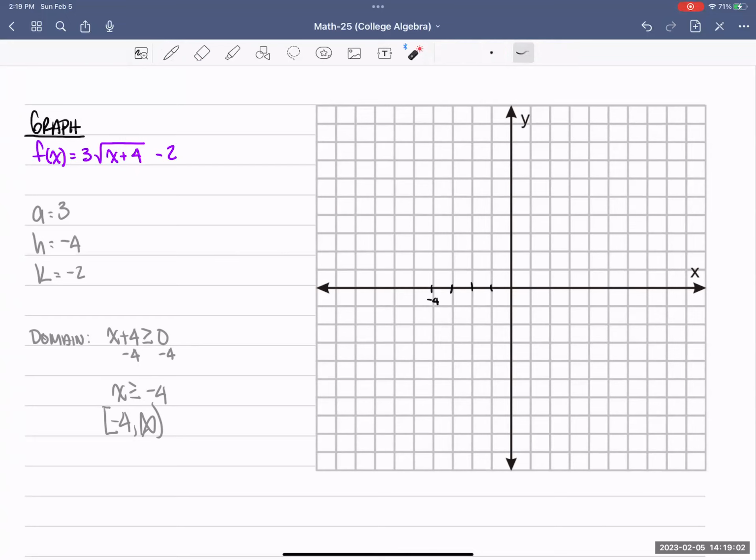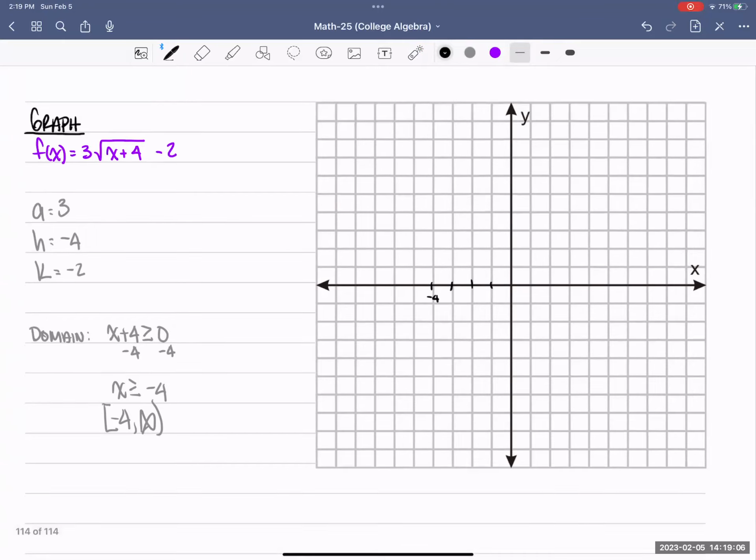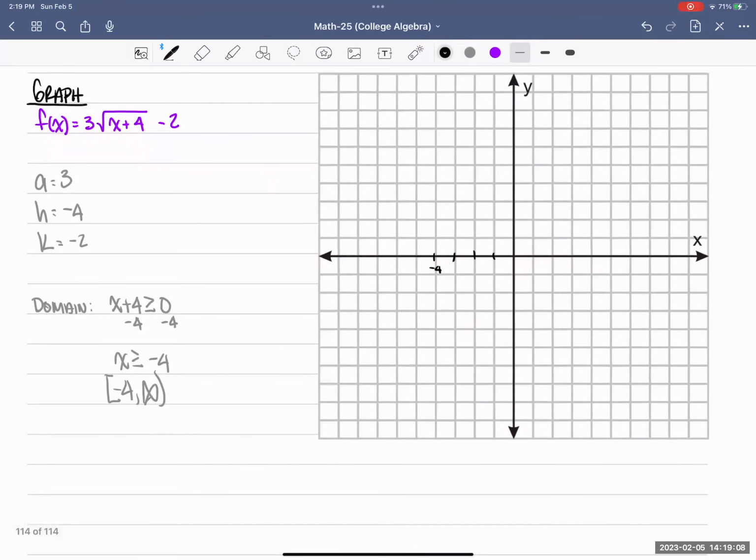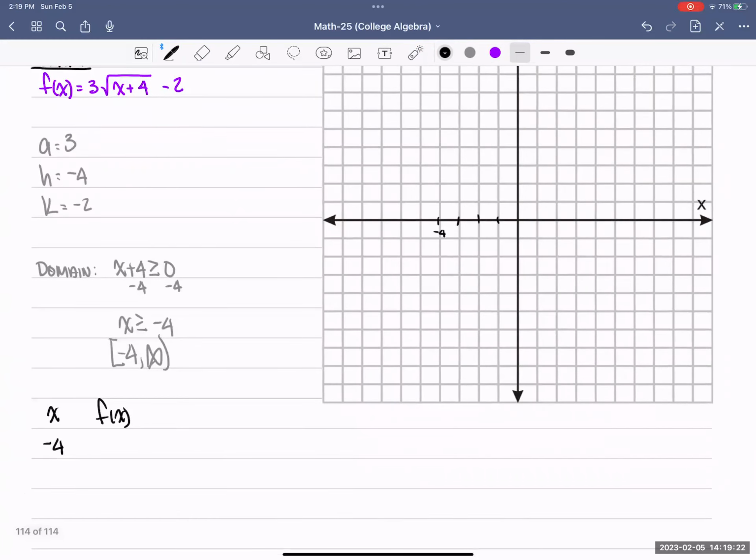But from here, if you do get confused at all, all you have to do is start finding numbers to plug in. And here we could start with our most left value, which is -4. So that's going to be our input and our output. We could pick a couple of values here.